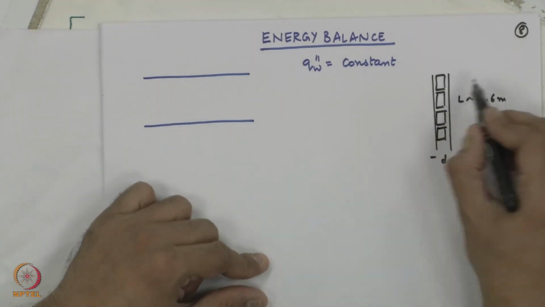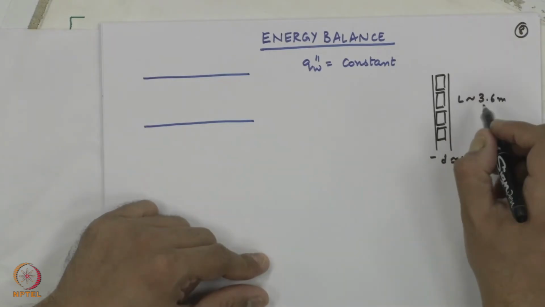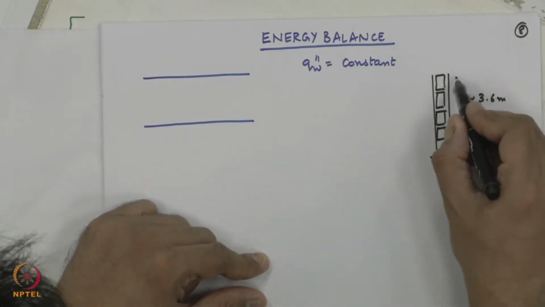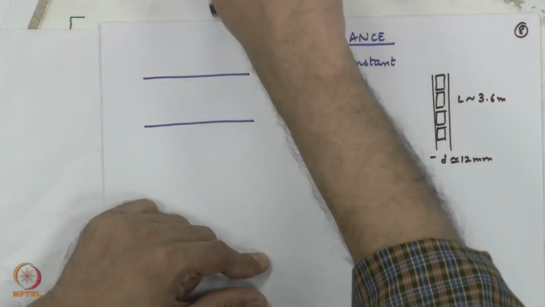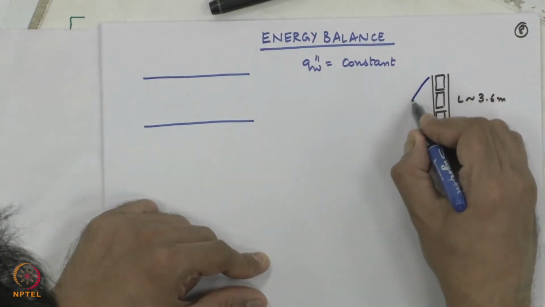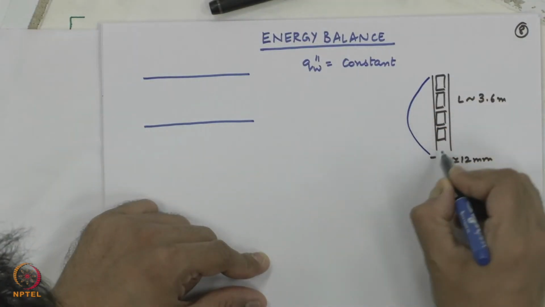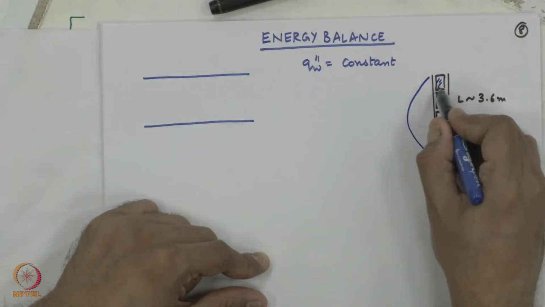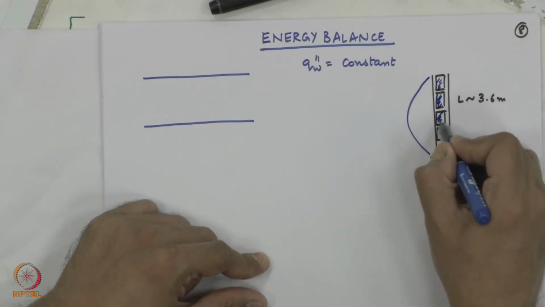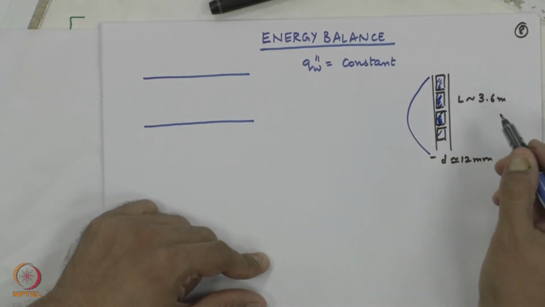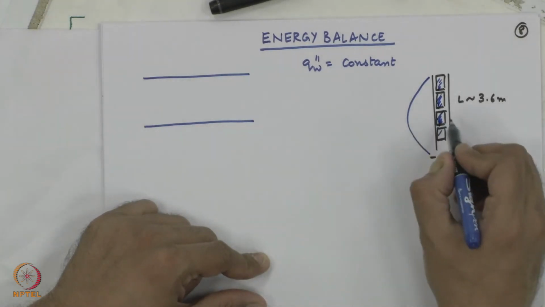The fuel rod is not generating uniform heat. It is generating power which is going to vary sinusoidally, typically like this. How is this obtained? This is obtained by giving various pellets of different enrichments, and so on, so that I get a profile like this.